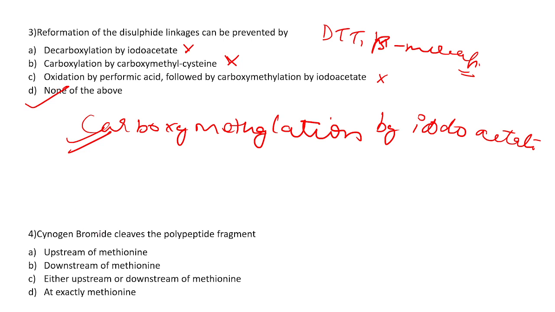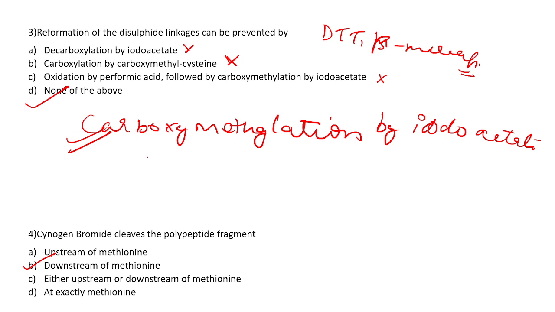Okay, next question: cyanogen bromide cleaves the polypeptide fragment from A, upstream of methionine; B, downstream of methionine; C, either upstream or downstream of methionine; D, at exactly methionine. So where does CNBr cleave? It cleaves downstream of the methionine. What is the meaning of downstream? What is downstream and upstream?